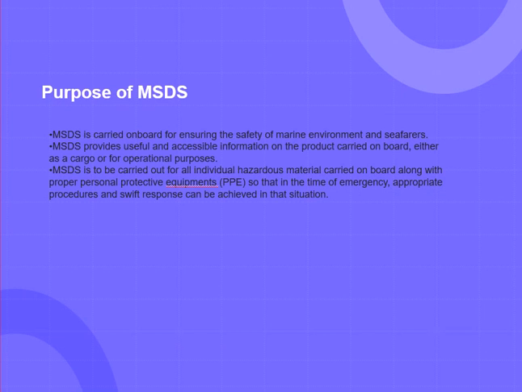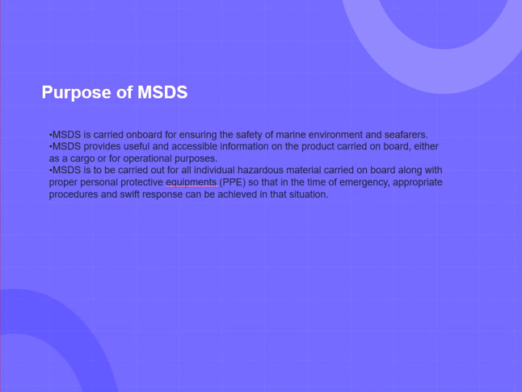The purpose of knowing MSDS is that it is carried on board to ensure the safety of the marine environment and seafarers, and MSDS provides useful and accessible information on a product carried on board, either as a cargo or for operational purposes.